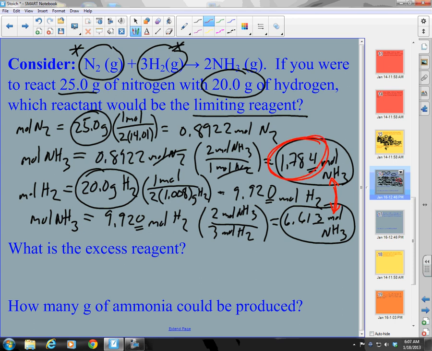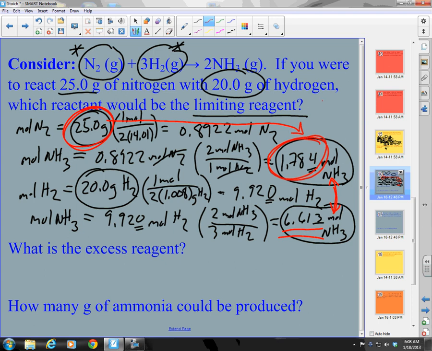If this is smaller, that means what? That means my 25 grams of nitrogen run out, are completely consumed when 1.784 moles of ammonia are produced. Then that means it's impossible for me to get 6.613 because I wouldn't have any nitrogen left. So having said all that, what is my limiting reagent?